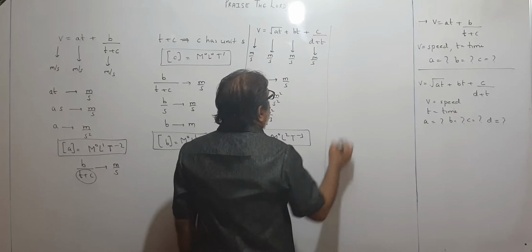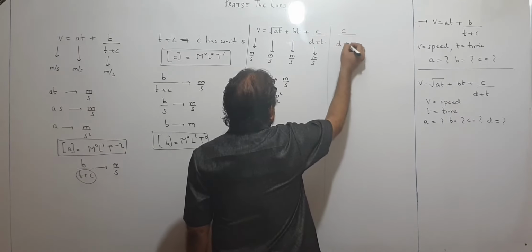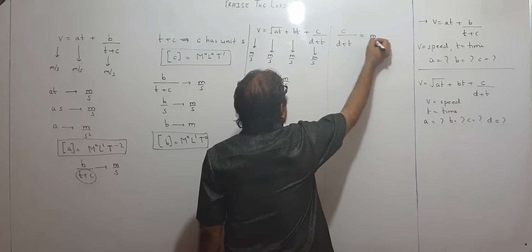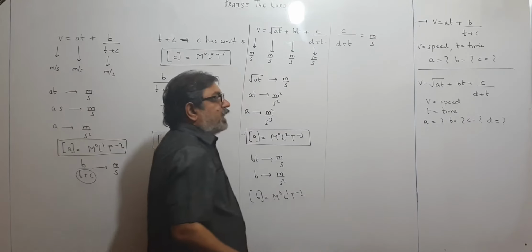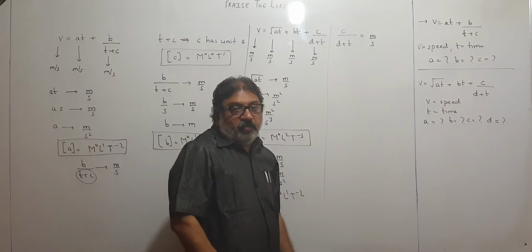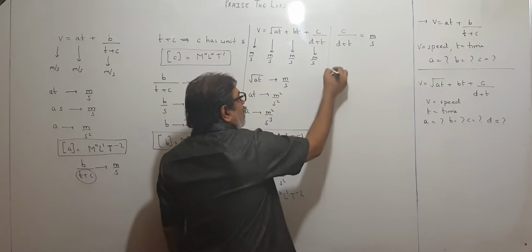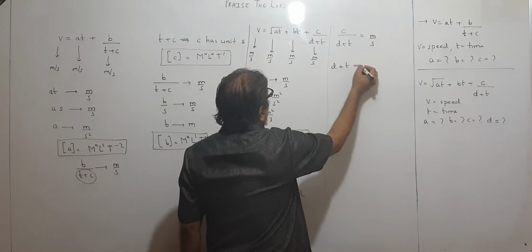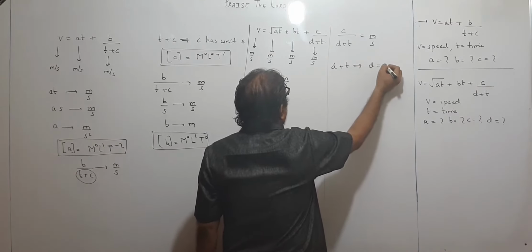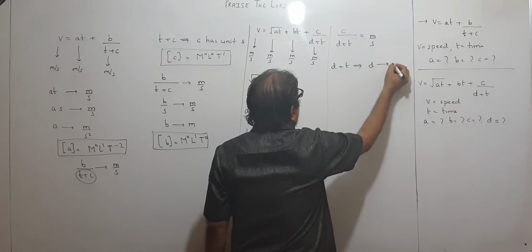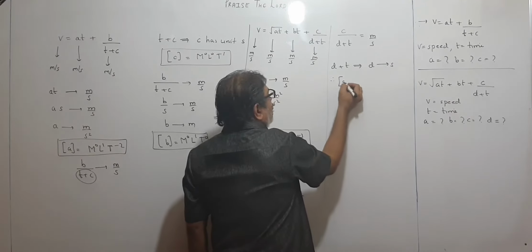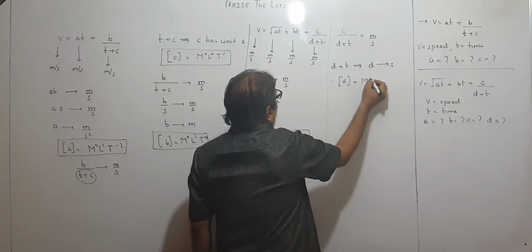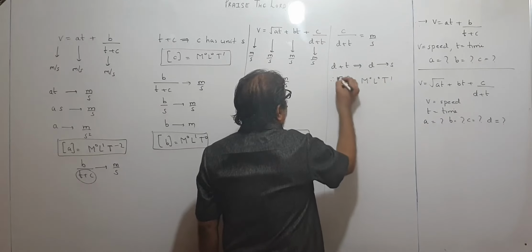Then come to C upon D plus T has got unit meter upon second, and D plus T, that means D should be time, so D plus T tells me that D should be second, or D should have unit of second, therefore dimensions of D become m0 L0 T1.